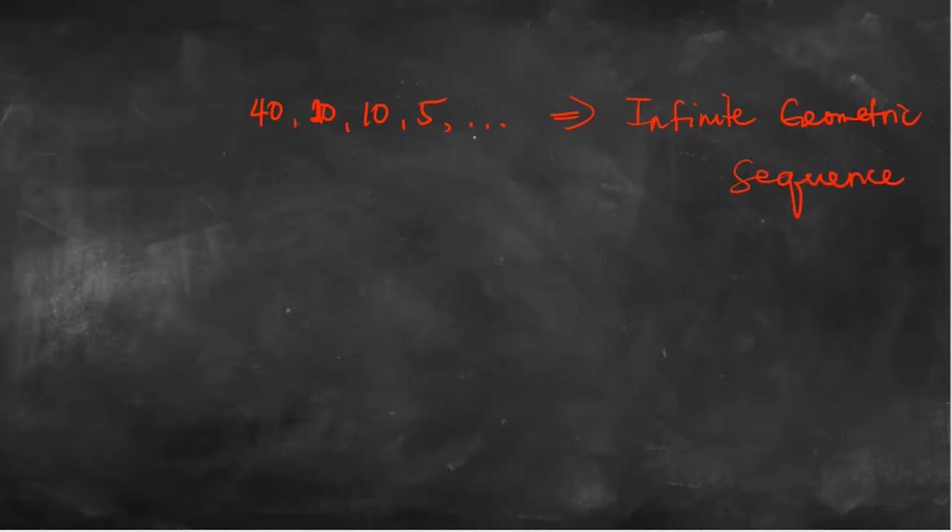Why? Because we don't know the last term here. We don't know what will be the last number. But we have our A sub 1, the first term, our A sub 2, the second term, A sub 3, the third term, and A sub 4, the fourth term.